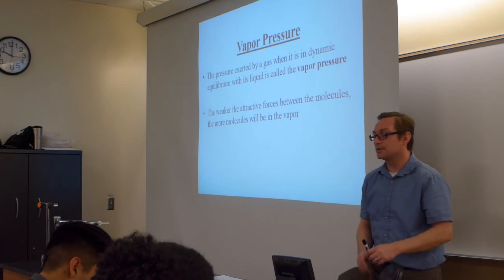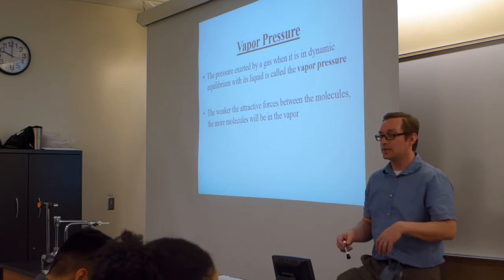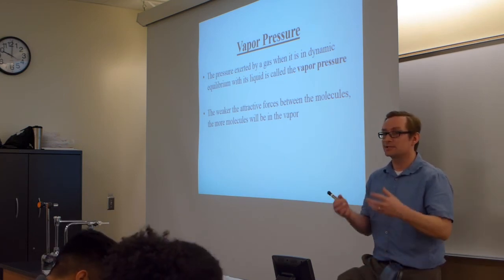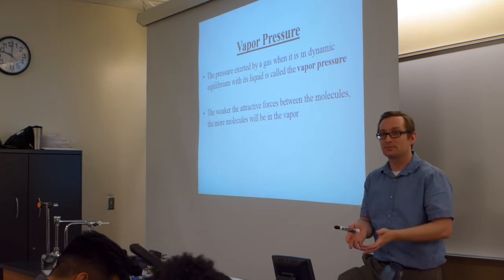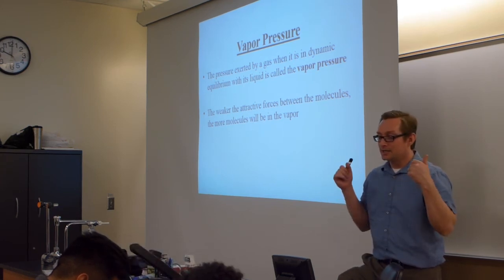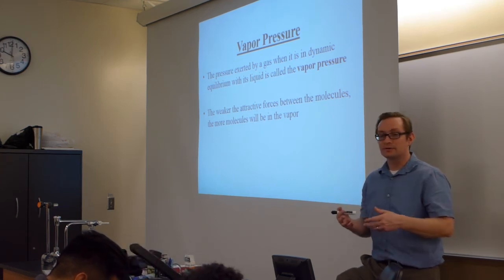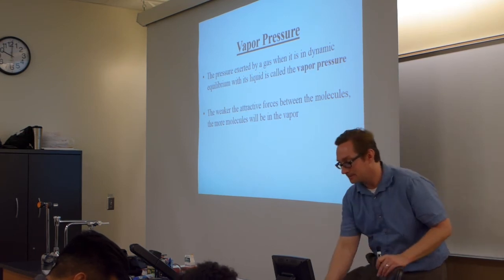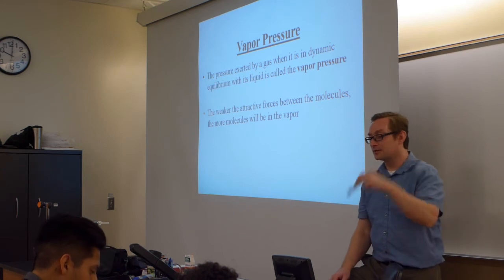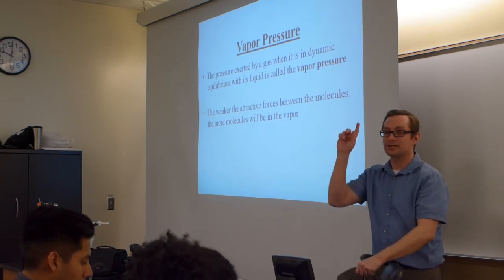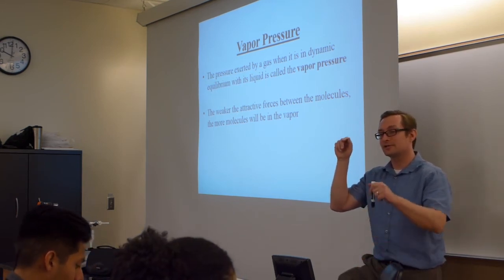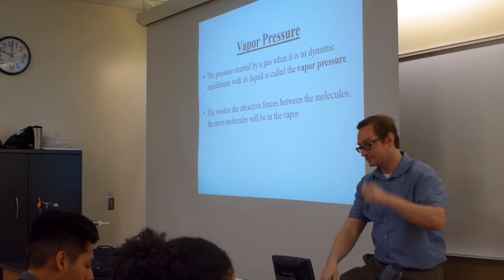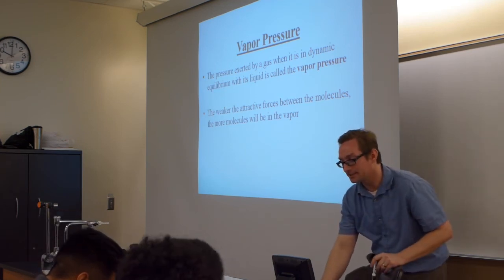Something like water will have a relatively low vapor pressure because it's got hydrogen bonding, it doesn't want to vaporize. If you have a compound that's nonpolar, it's going to want to vaporize a lot, and that'll increase the vapor pressure. So weaker forces, higher vapor pressure. Stronger forces, lower vapor pressure. They're inversely related.